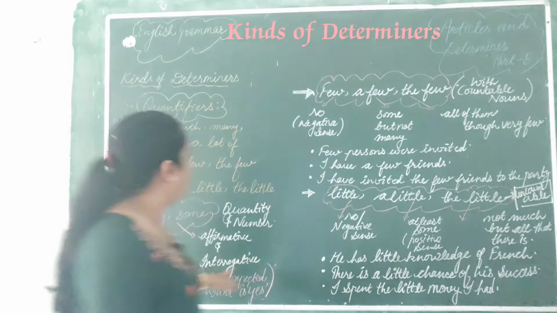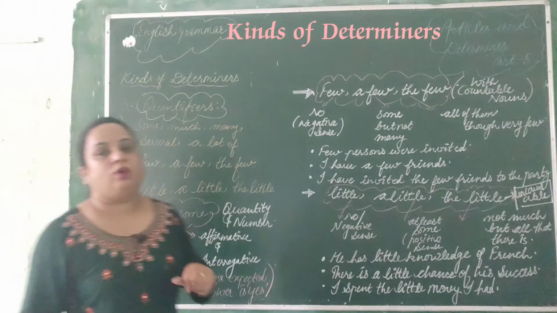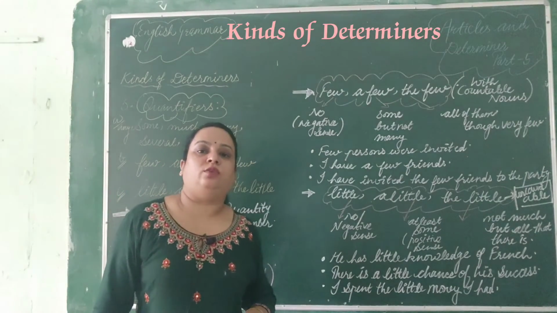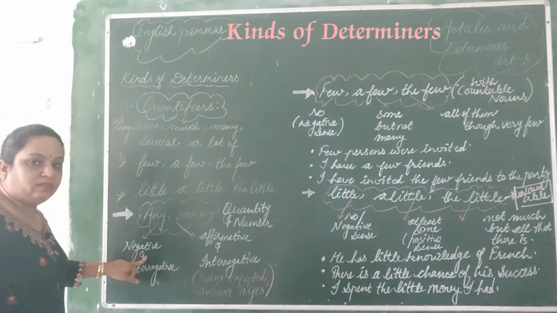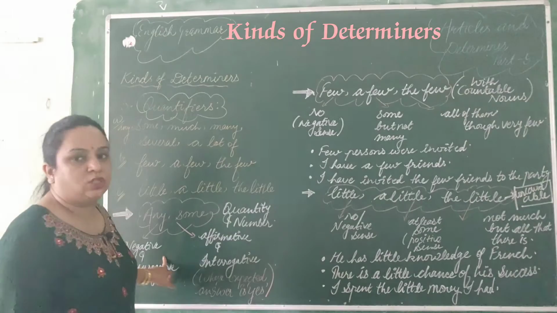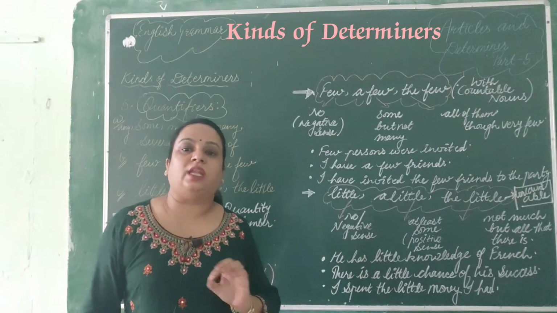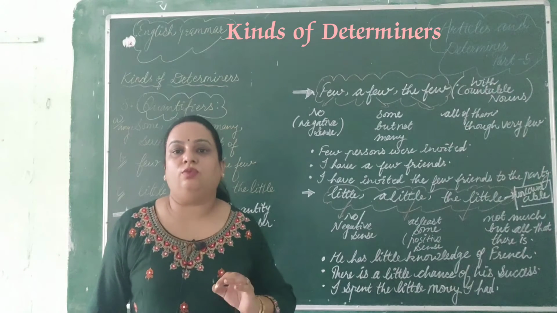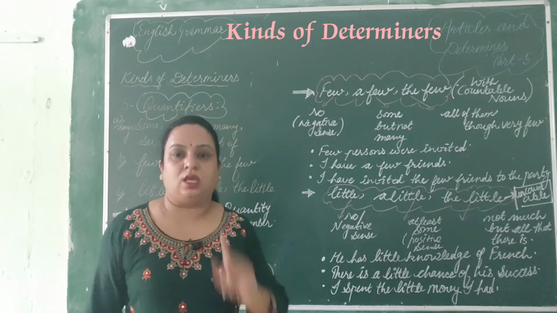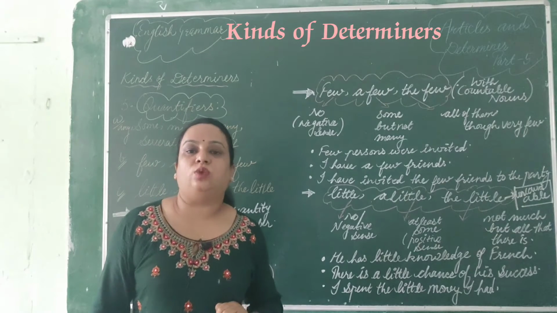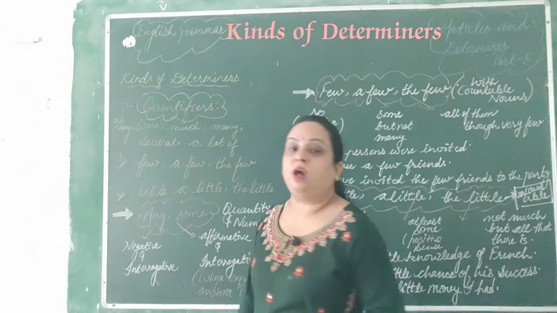So let's understand the use of any and some, where you have to use any and where you have to use some. So any gives a negative sense; in negative sentences you have to use any. I don't have any money, right? So there you will use any, clear? I don't have any money in negative sentences. This is used in interrogative sentences also, and an example you can take is, do you have any money?